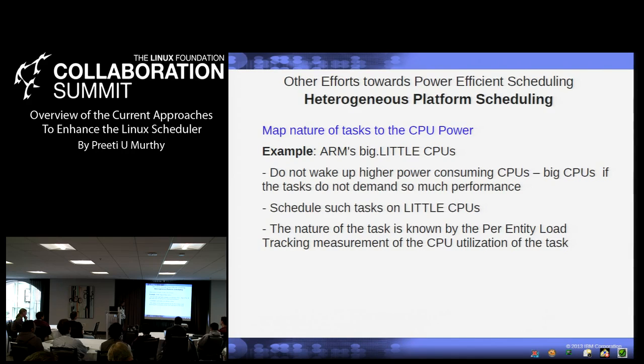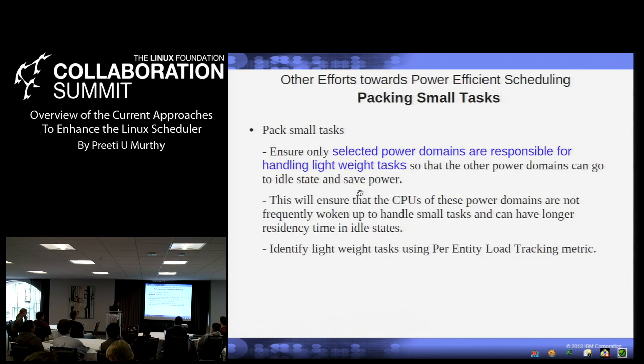And now that we have Paul Turner's metric, it's being cashed in on, and this has been released in a patch set by Morten Rasmussen from ARM, and discussions have been going around it. And Vincent Guittot from ARM has also released a patch set which does packing of tasks.